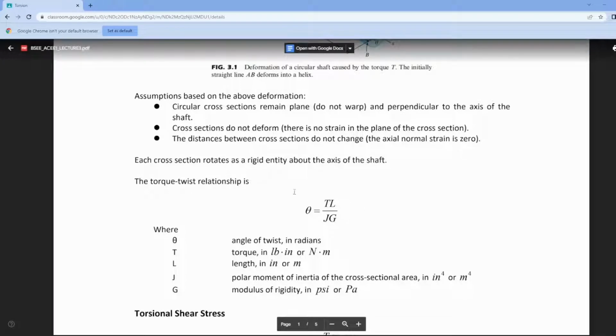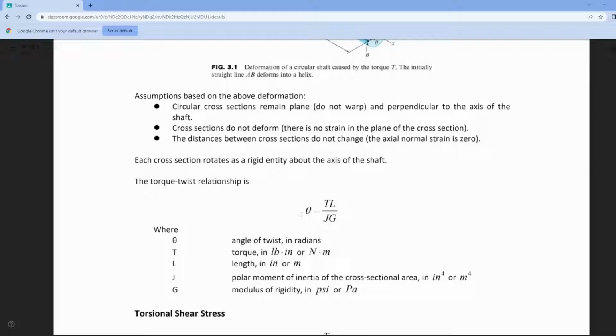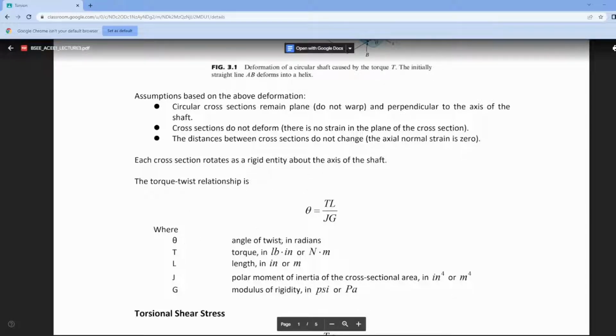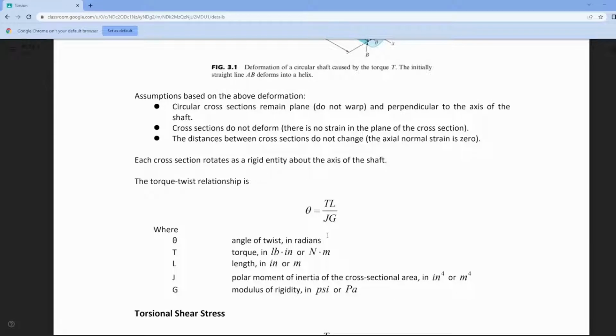We have this formula to find the deformation, the twisting, the angle of twist. So the angle of twist, theta, is equal to TL over JG, wherein T is your torque. Theta is expressed in radians. Don't forget, it is always radians. If you want to express it in degrees, you have to convert.